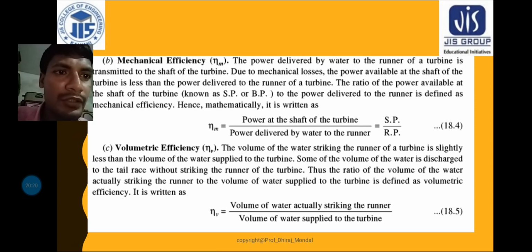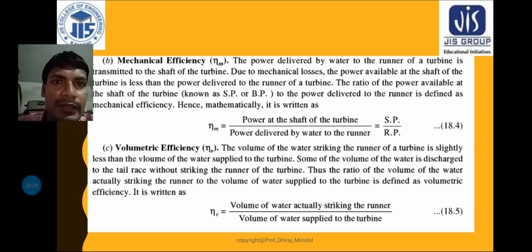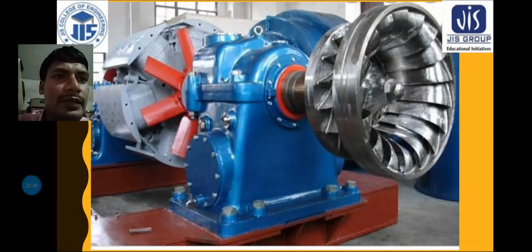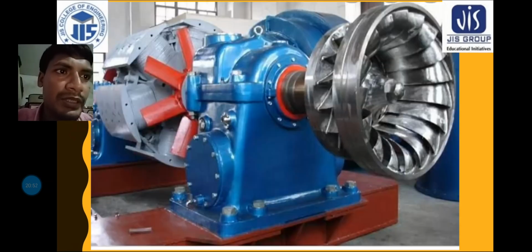Volumetric efficiency is the ratio of volume of water actually striking the runner to the volume of water supplied to the runner. Whenever water is coming out from the nozzle, all the water cannot be placed in the vane, so some part of the water can be wasted.